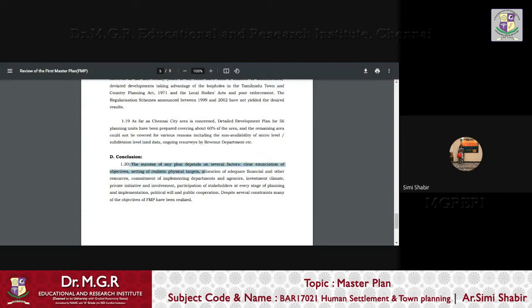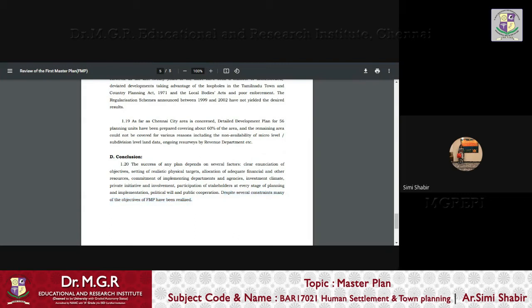The success of any plan depends on several factors: clear enunciation of objectives, setting of realistic physical targets, allocation of adequate physical, financial, and other resources, commitment of implementing departments and agencies, investment climate, private initiatives and involvement, participation of the stakeholders at every stage of planning and implementation, political will and public cooperation, etc. Despite several constraints, many of the objectives of the first master plan were achieved or realized.